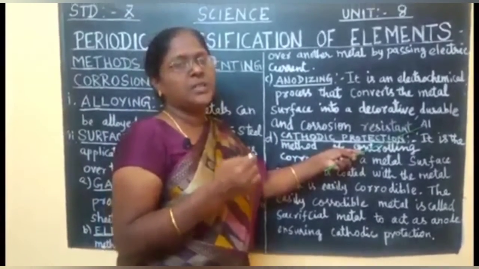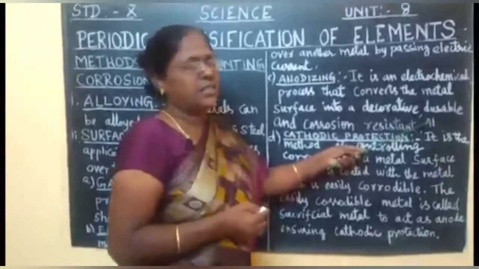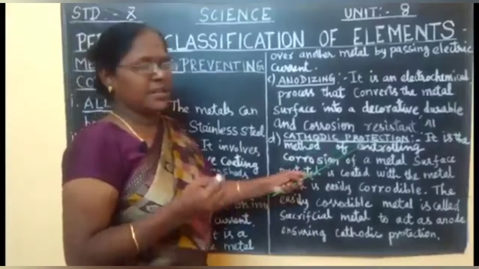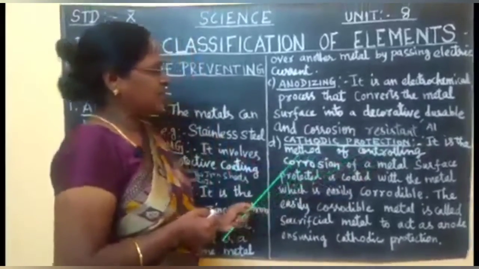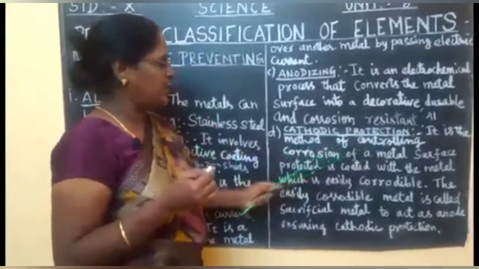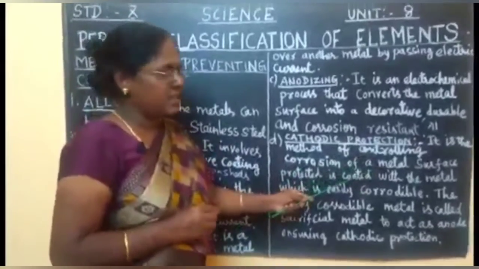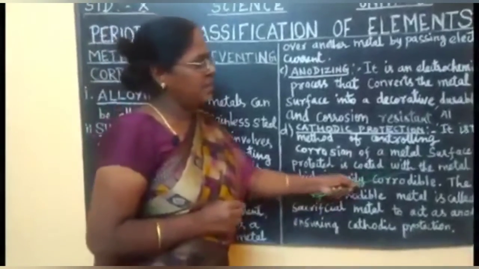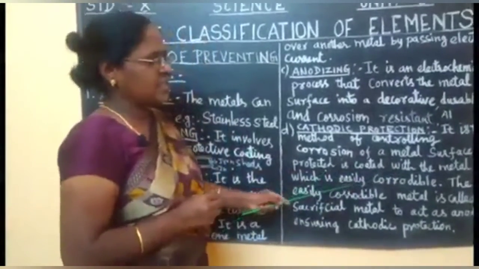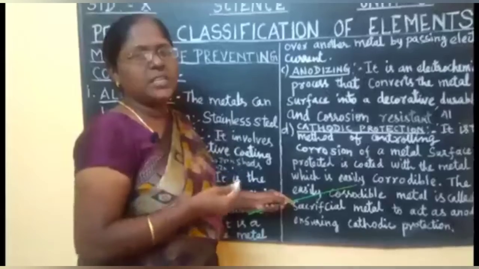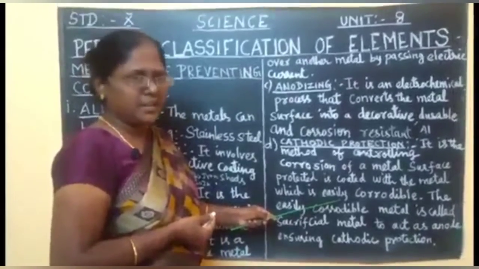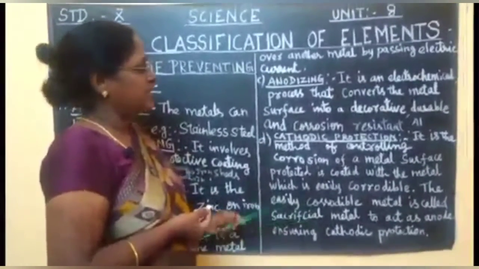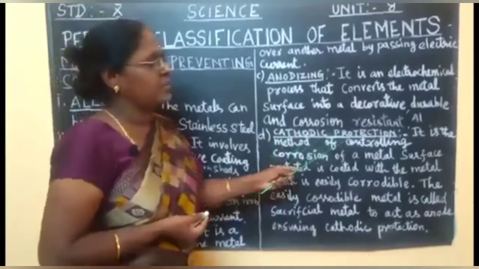Aluminium is used for the anodizing process. Last one is cathodic protection. It is the method of controlling corrosion of a metal surface. The protected metal is coated with the metal which is easily corrodable. This metal is called as sacrificial metal and here it is acting as an anode. So this method is called as cathodic protection.